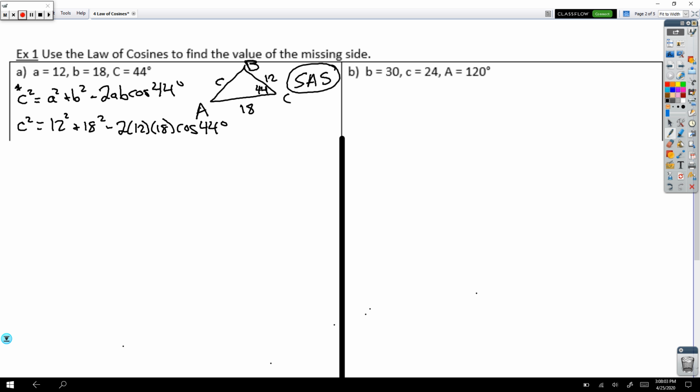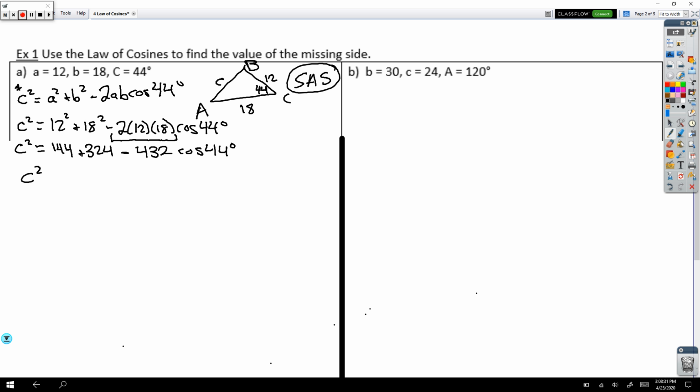I like to break it down into a couple steps just so I don't accidentally type something wrong into the calculator. So 12 squared would be 144. 18 squared would be 324. And then negative 2 times 12 times 18 would be minus 432 cosine of 44 degrees.